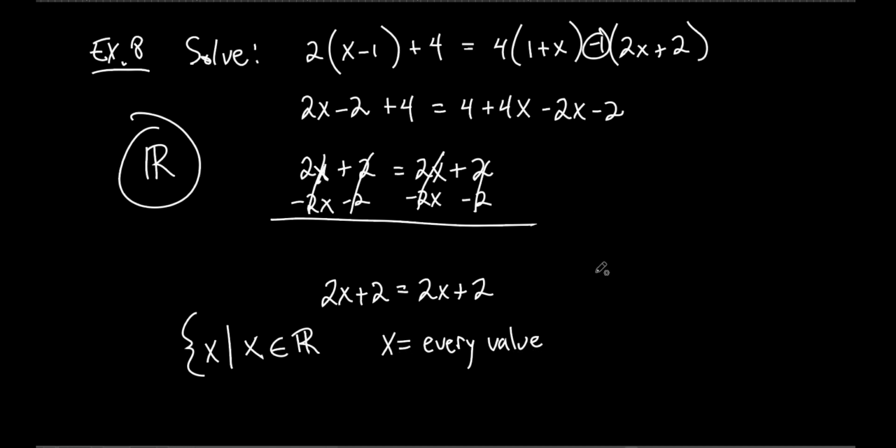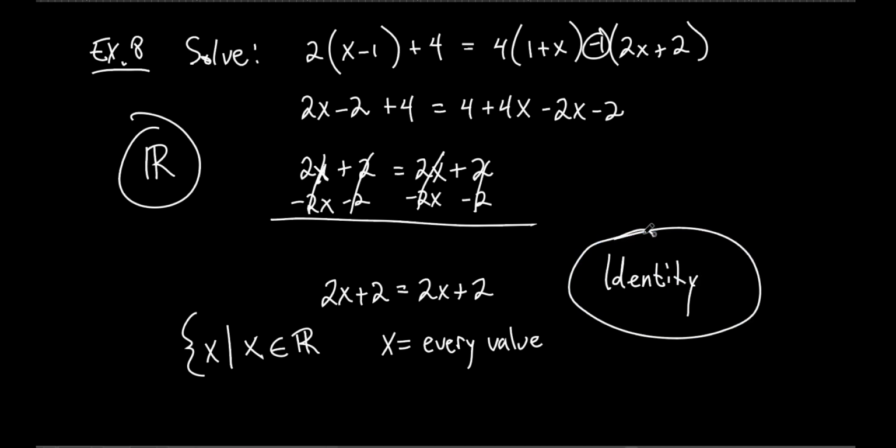We call this, listen to me, an identity. This is an identity equation, all right? I had a teacher present it like this, and for some reason I always remember it. If you look in the mirror, you're looking at exactly what you look like.